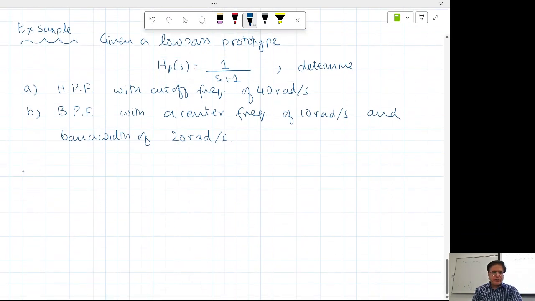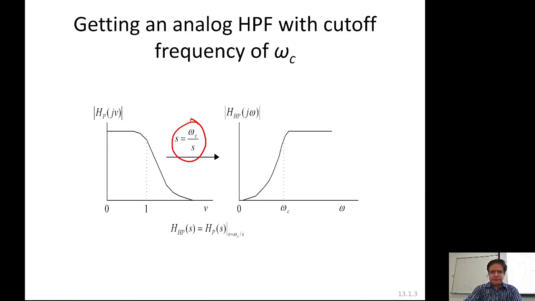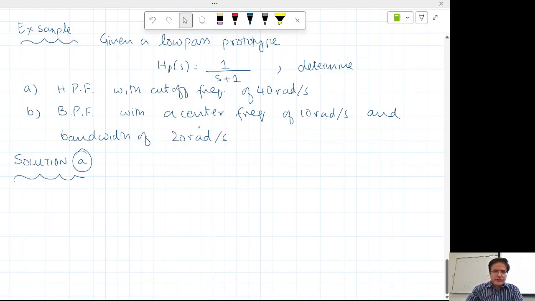All right, so let's do part A. We know that if we have a low pass Butterworth filter, we can convert it into a high pass filter by replacing s with omega c over s, where omega c is the cutoff frequency in radians per second.